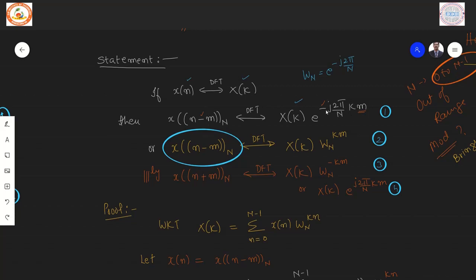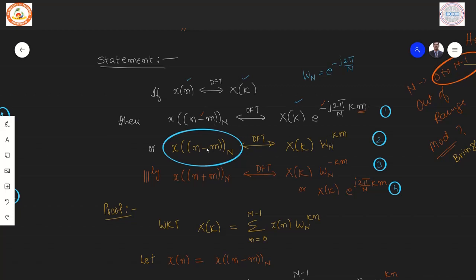The sign is negative. Now since it looks like the twiddle factor, we can express it as W of N. Then the same could be written as x of k times W_N to the power of k times m. Now when you're writing it in the W_N form, please note the sign. Previously the signs were matching, negative with negative, and the magnitude was given by m. Now what happens to the sign for W_N?